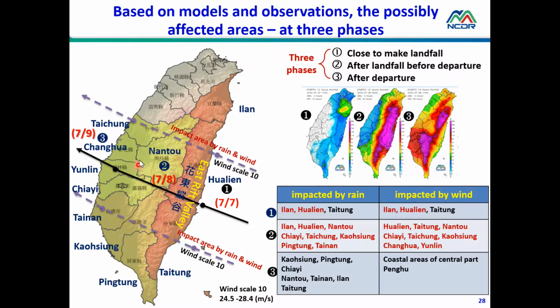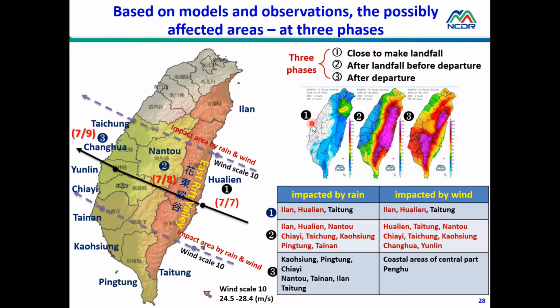This region shows the strong gust impact area, and we divide the typhoon into three phases. Phase 1, close to making landfall. Phase 2, after the typhoon makes landfall and before departure. The third one is after departure.